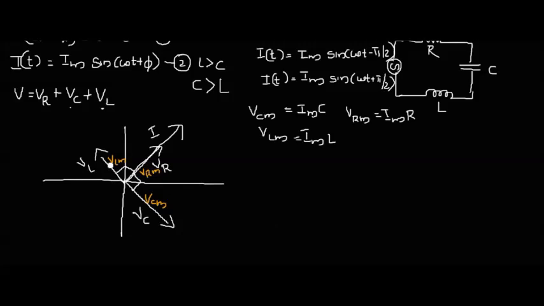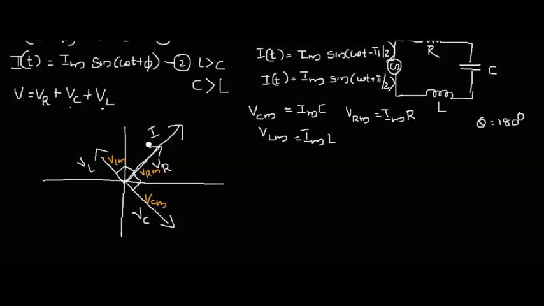Now look at these 2 vectors, the voltage phasor along the inductor and the voltage phasor along the capacitor. Both are lying in one line but in opposite direction. That is, the angle between the 2 phasors is theta equal to 180 degree.